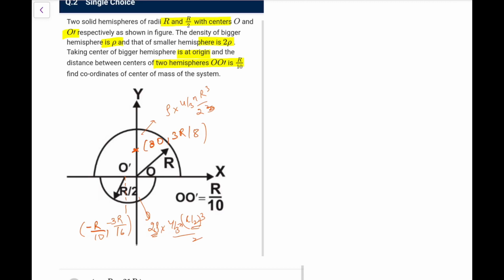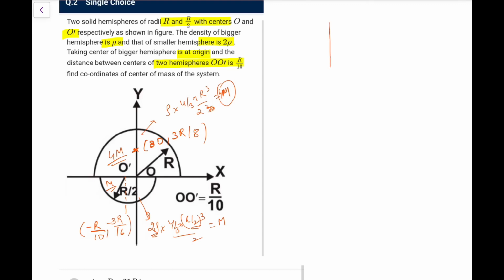So this volume is 1 by 8, but this is double density. If this one is m, this would be 4 times m. Normally it would have been 8 times, but its density is double, so it is 4 times.